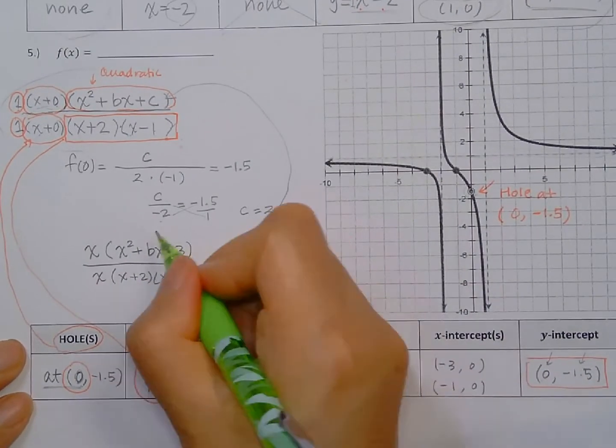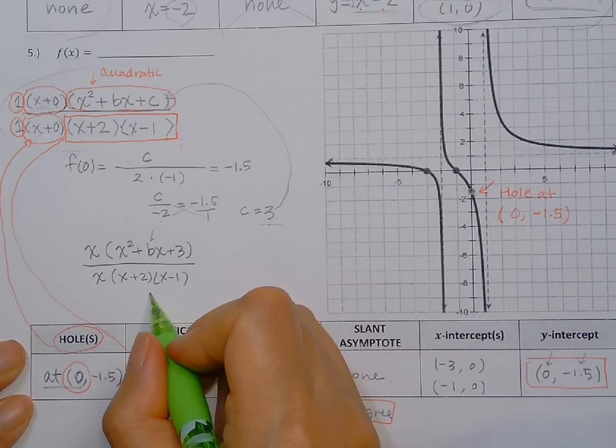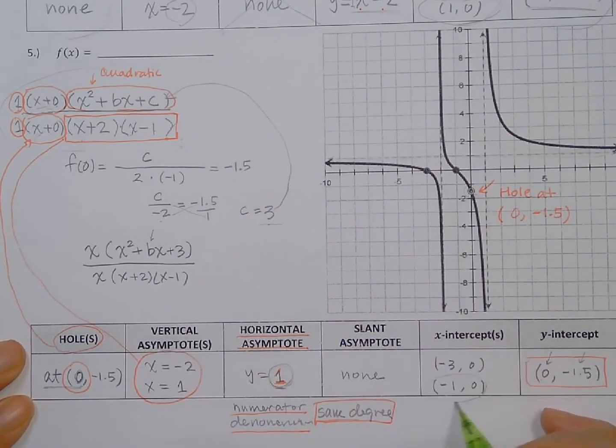Then now still I'm responsible to find b. Then either one of these x-intercepts will be plugged in so that I can figure out b, right? So then let's use this.